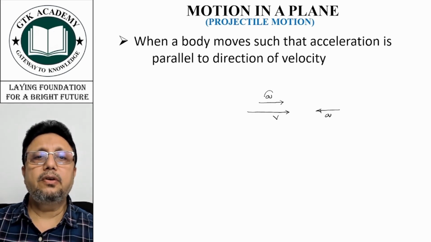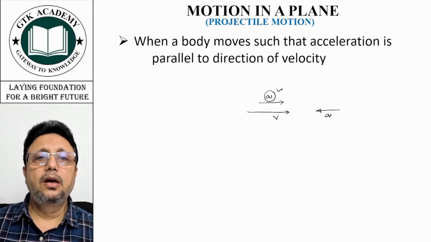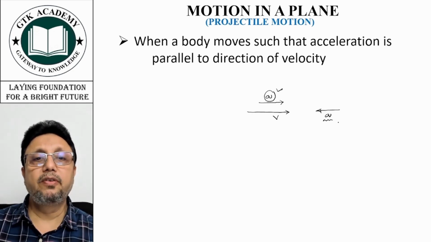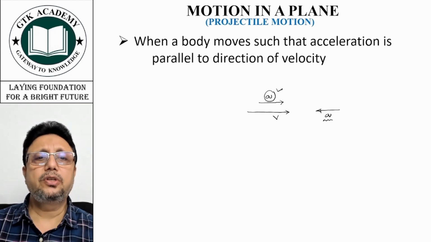So if we have this one, then what is it going to do? It will increase the velocity. However, if we have this form of acceleration, which is retardation, what will it do? It will reduce the velocity.